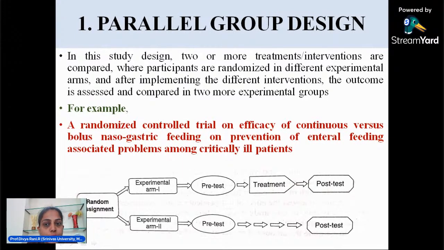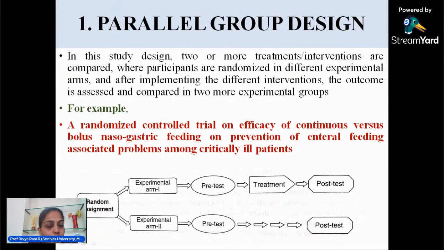So here you are using the continuous nasogastric feeding method as well as the bolus nasogastric feeding method, and two experimental arms will be there. In one experimental group you are going to check the effectiveness of continuous nasogastric feeding, and in another one you are going to check the effectiveness of bolus nasogastric feeding.